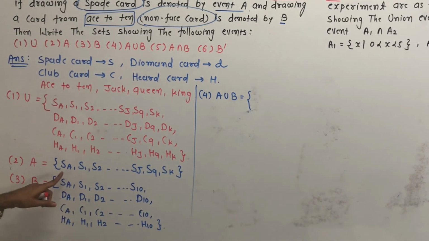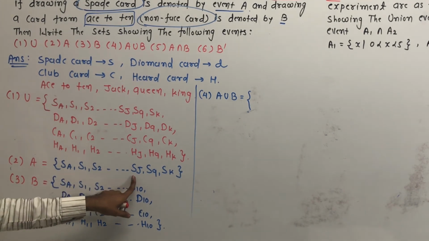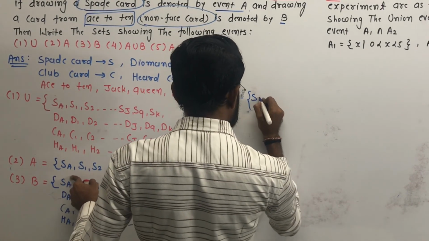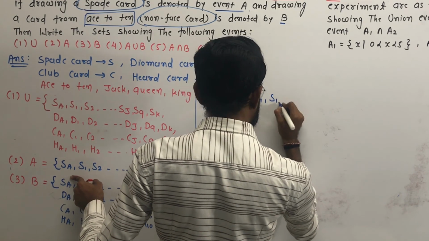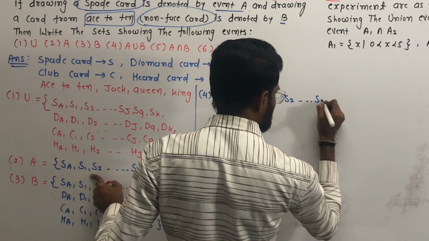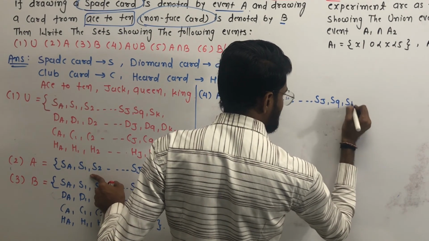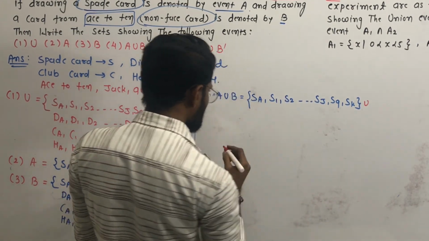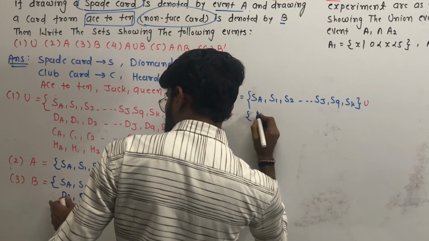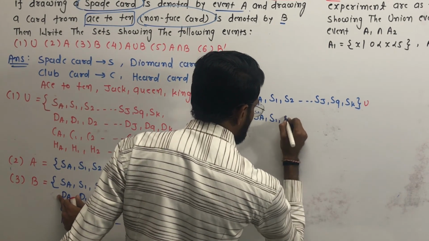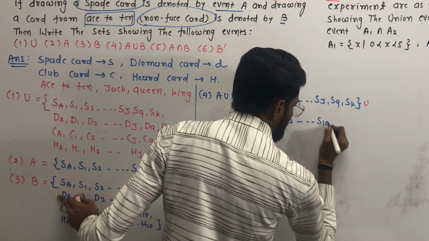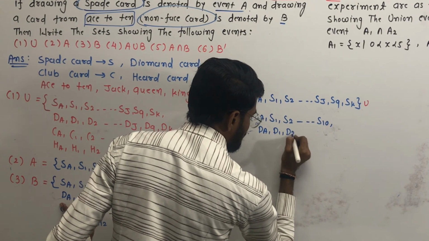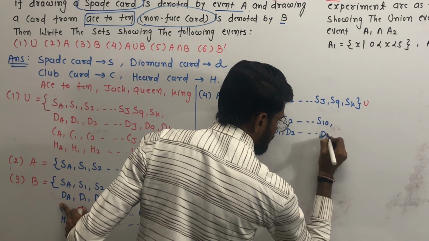It is SA, S2, up to SJ, SQ, SK, which are the elements of event A. Then we take the union with B, which means SA, S2, up to S10, then DA, D2, and so on up to D10.